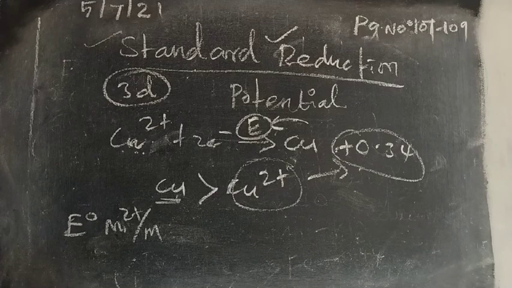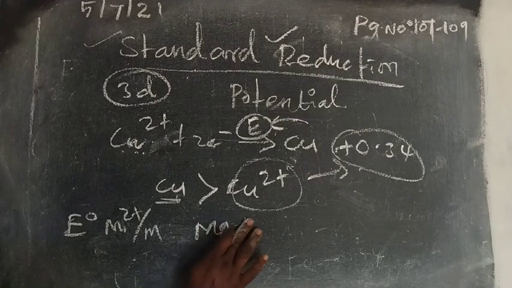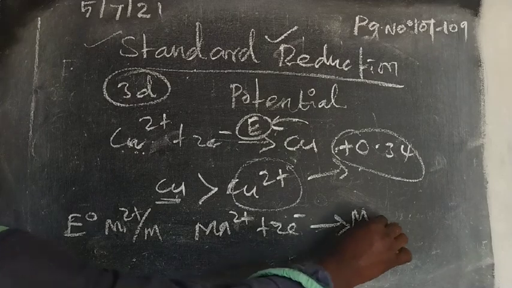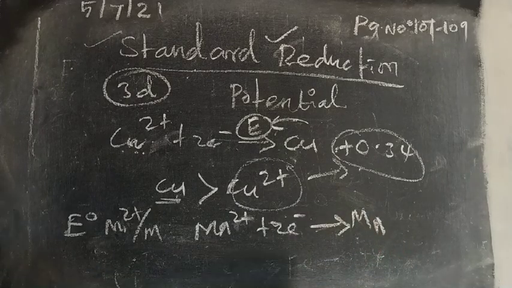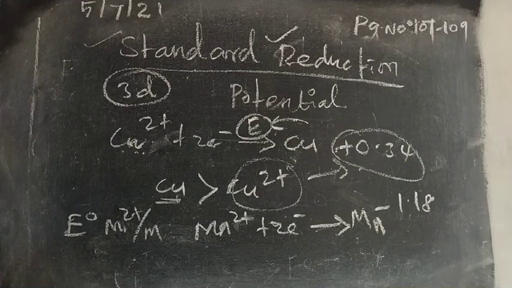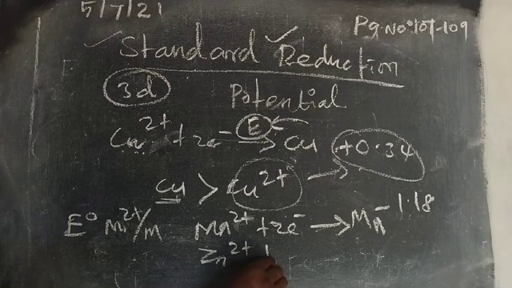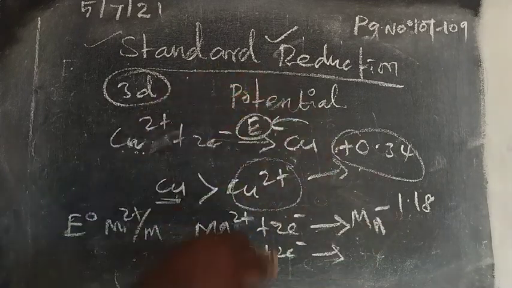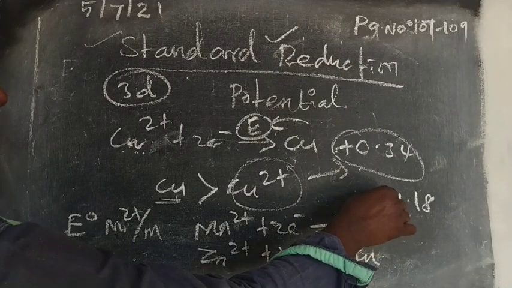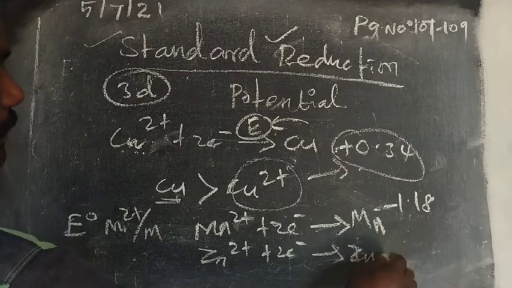One is manganese and another is zinc. In manganese, what happened? The value is minus 1.18 only. Then zinc, minus 0.76. If you compare with all the remaining, these alone become the odd ones, not following the same trend.